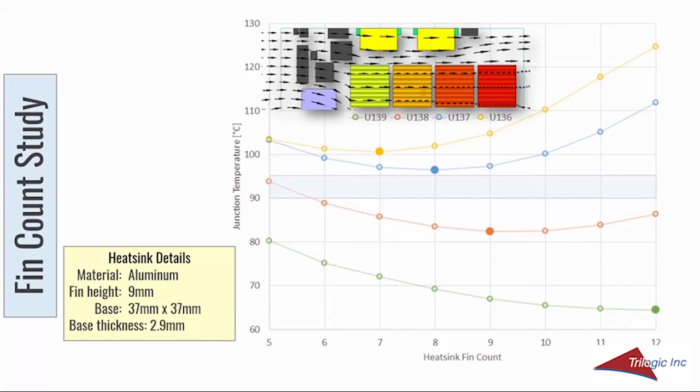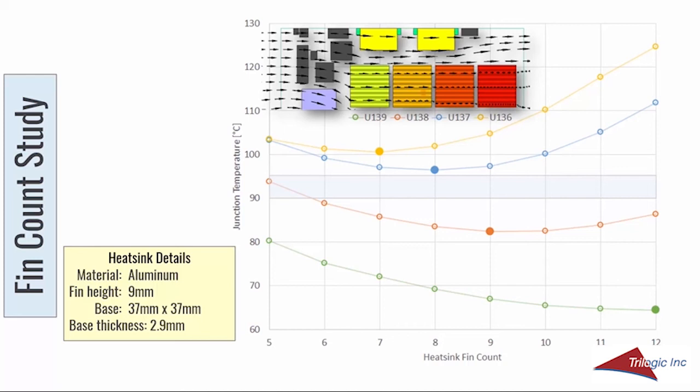Operating temperatures below 95 would certainly be acceptable as long as all the components were within 5 degrees of each other. Also, 12 fins for U-139 isn't necessarily the optimum, it's the lowest value for the range that I studied.